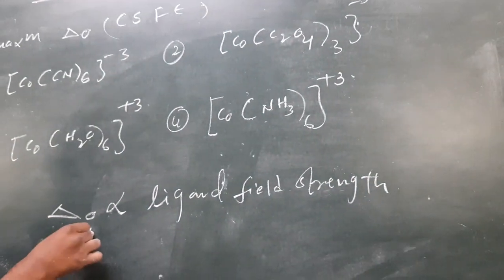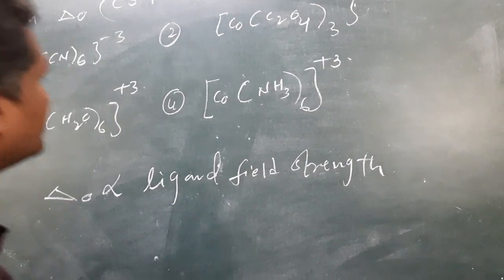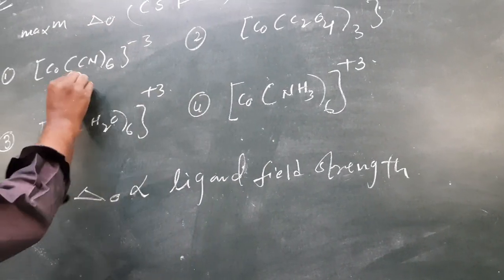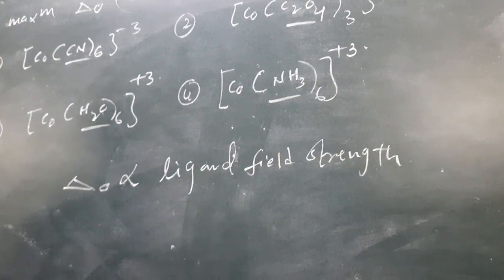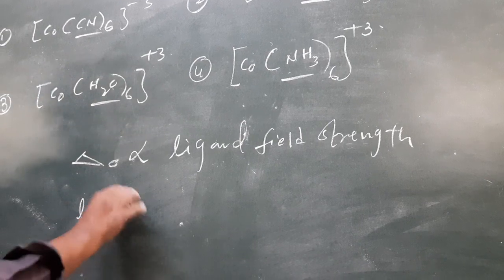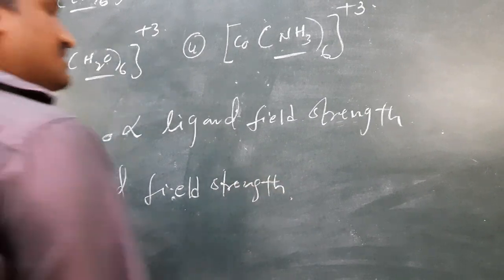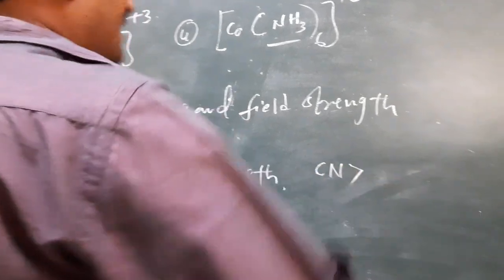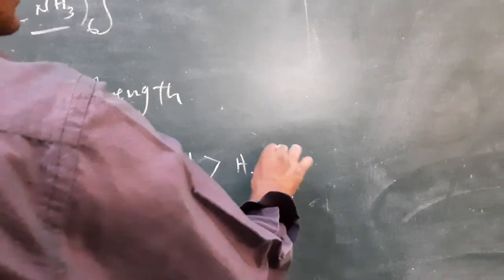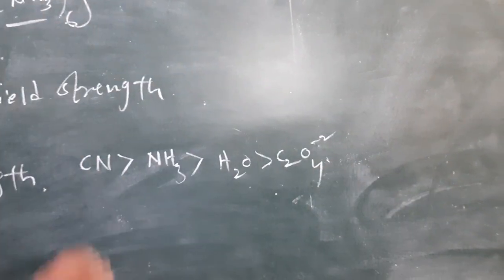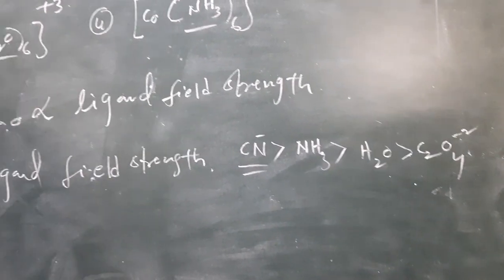Among these 4 options, here cyano ligand, here oxalato ligand, here water ligand, here ammonia ligand. If you see ligand field strength, cyanide is a strong field ligand, then ammonia, then water, then oxalato ligand. So cyanide is a strong field ligand, so more delta O value is for the first option.